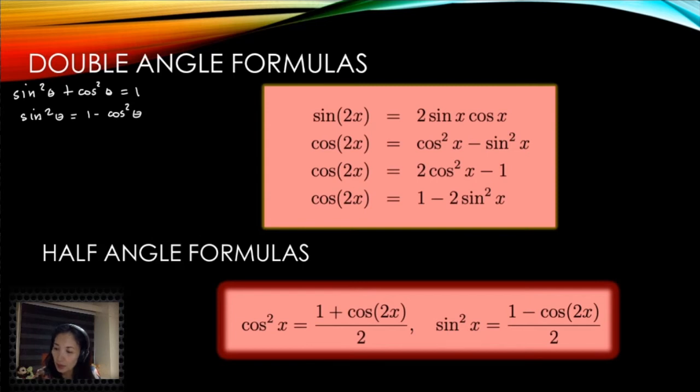Let me change this into sine x. So sine squared x plus cosine squared x equal to 1. So sine squared x is equal to 1 minus cosine squared x.